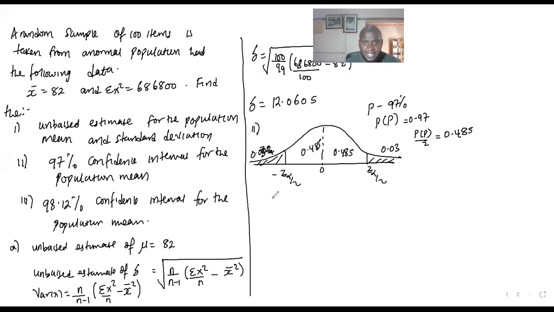Now, what is the Z alpha we have read? Go to the table and check what value you read to give 0.485. People have refused to share tables.